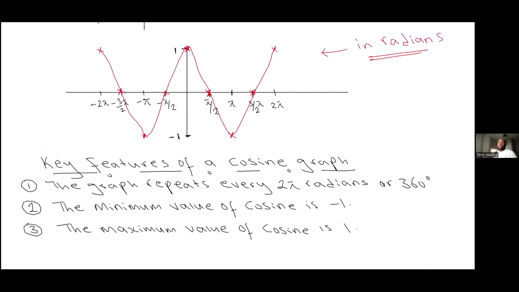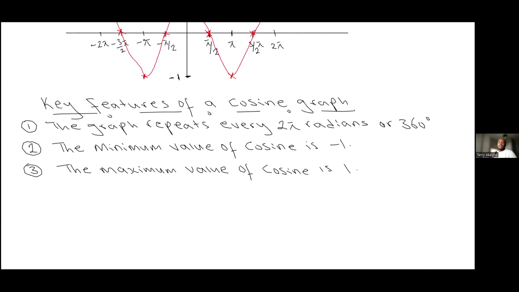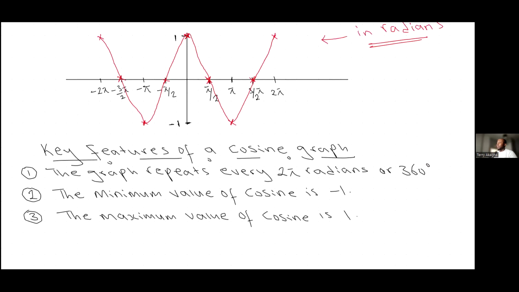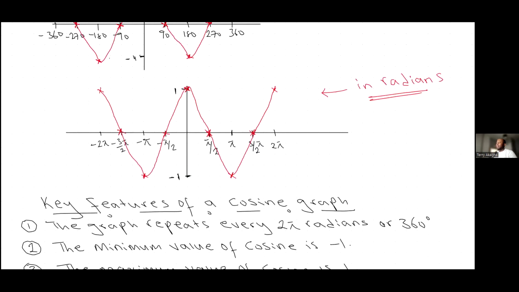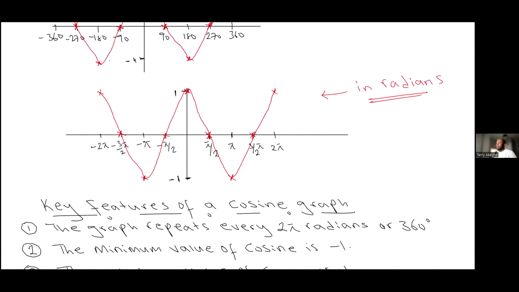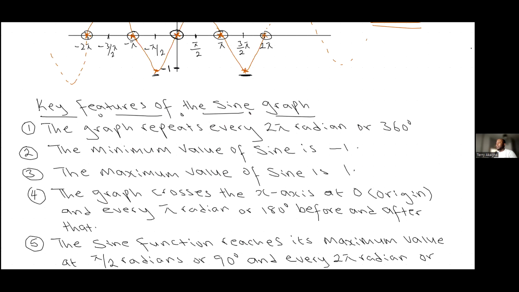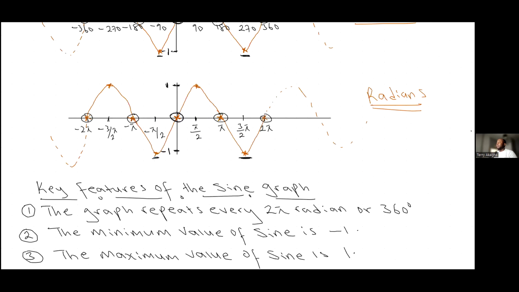All right. Similarly, it crosses the x-axis, but in sine, if you go to sine, it crosses the x-axis every pi radians, or 180 degrees.